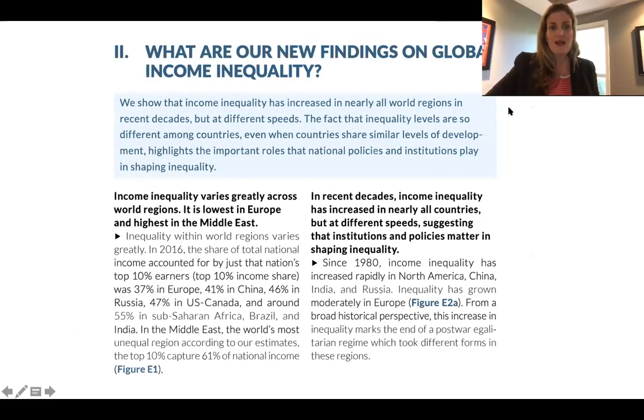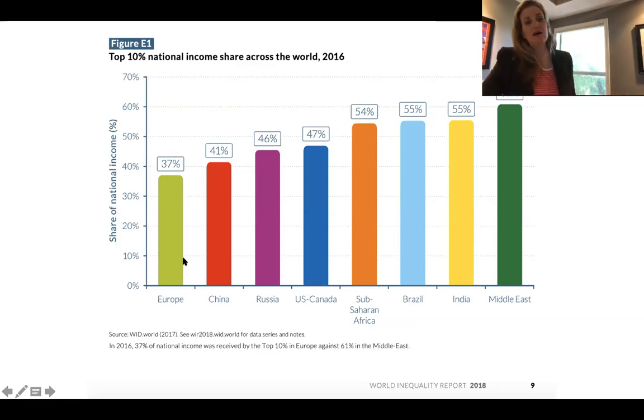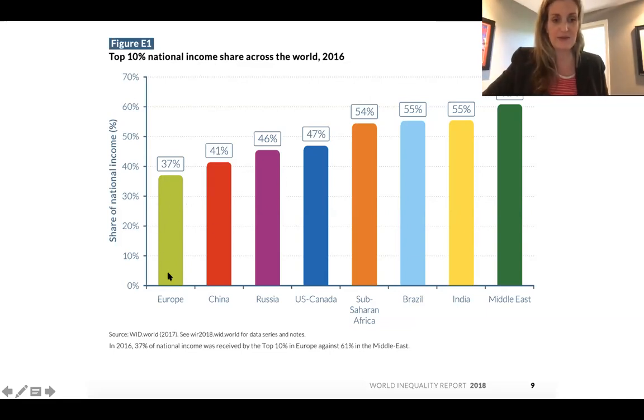So let's continue. This is a graph of what we just looked at previously. In Europe, the top 10% of national income earners, the wealthiest 10% in the economy, have 37% of the region's wealth.